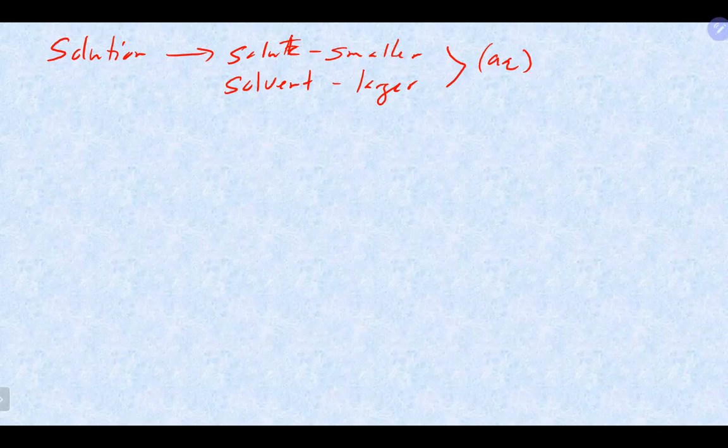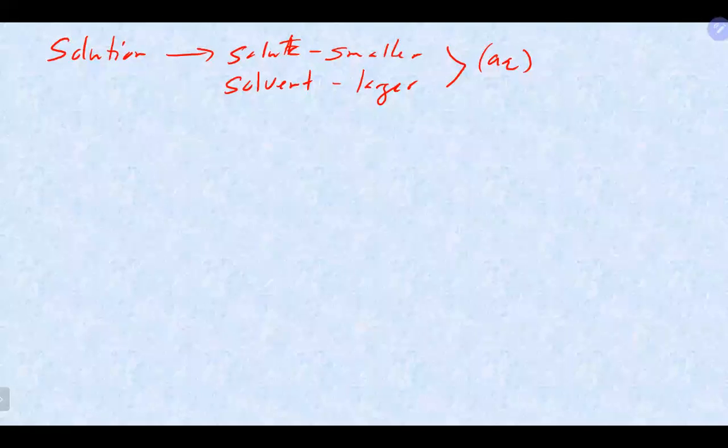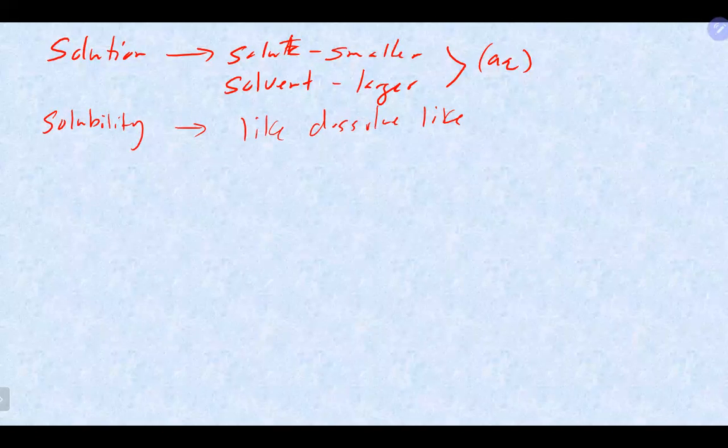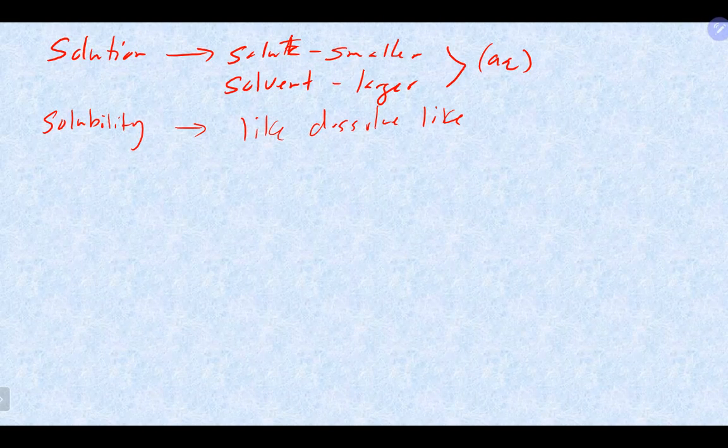We also talked about solubility and the idea of like dissolves like. And remember that a majority of the reasons why certain things are soluble in each other and other things are insoluble in each other has to do with those intermolecular forces we were talking about.